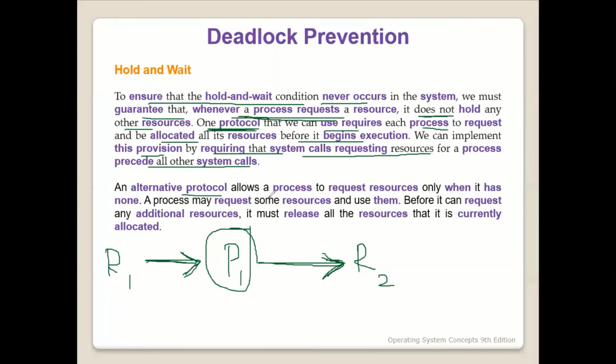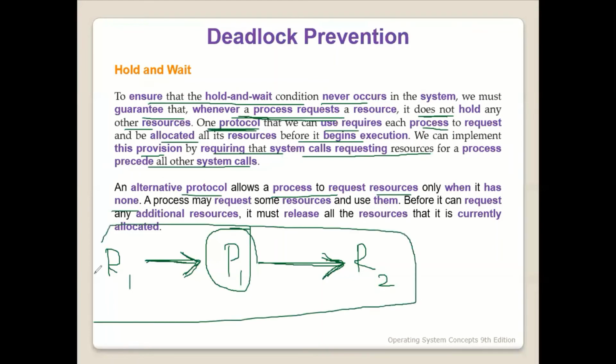It allows a process to request resources only when it has none. If a process doesn't have any resource, then it can request a resource. Like in this example I drew here, process P1 is allocated R1.